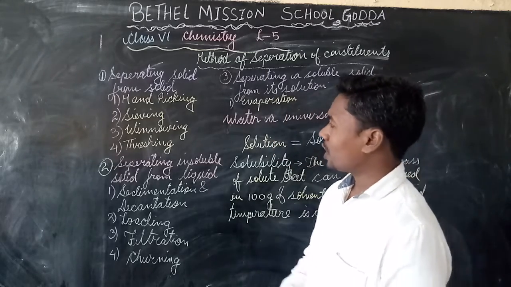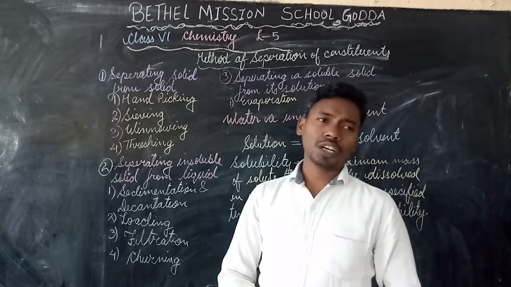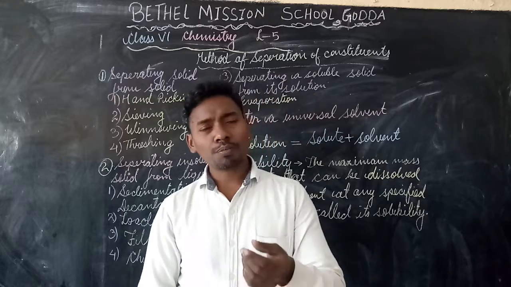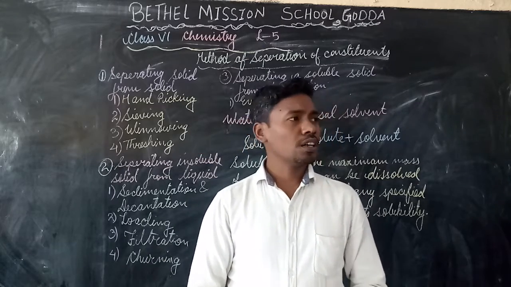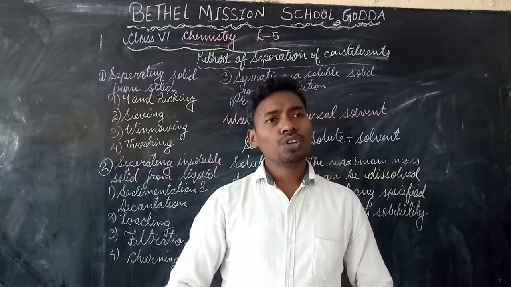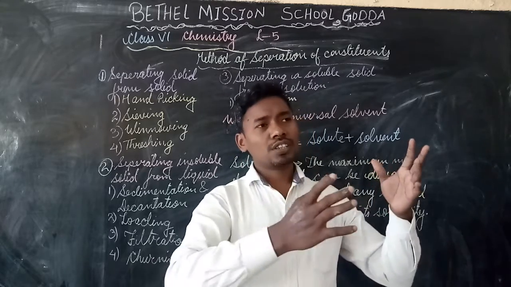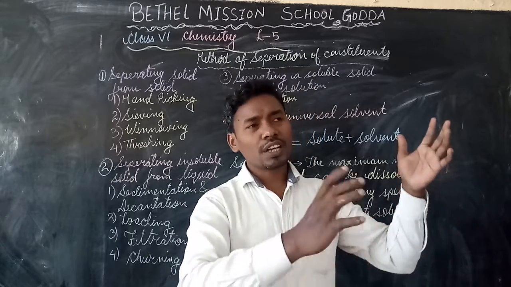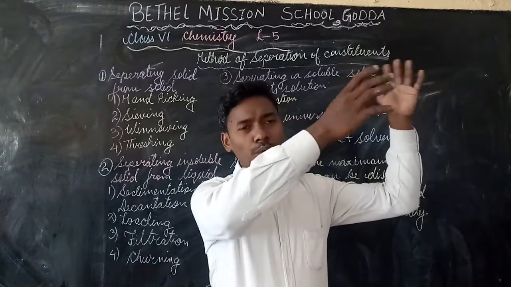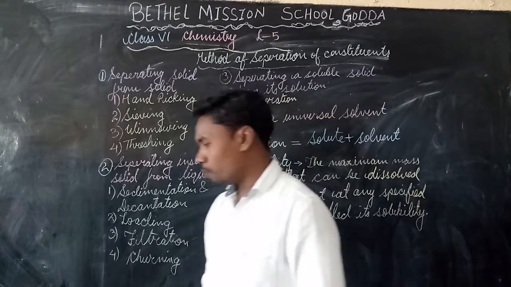The third one is winnowing. In winnowing, one component of the mixture is heavy and another is very light. You might have seen farmers take the wheat or the rice, the paddy grain, in a basket and throw it from the top. It is given in your book.